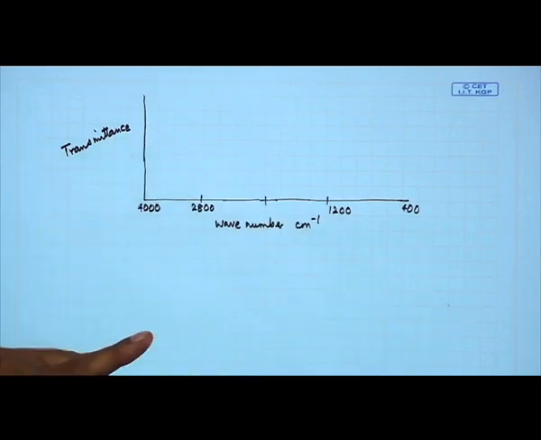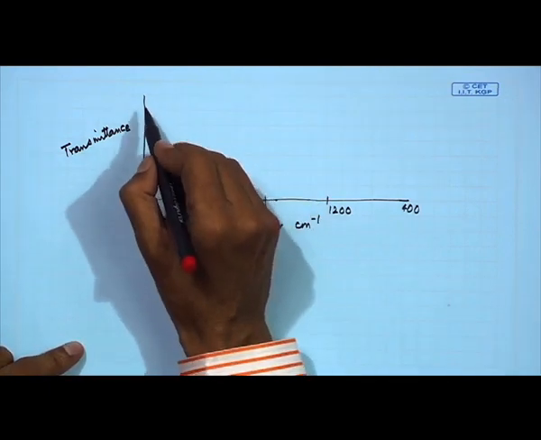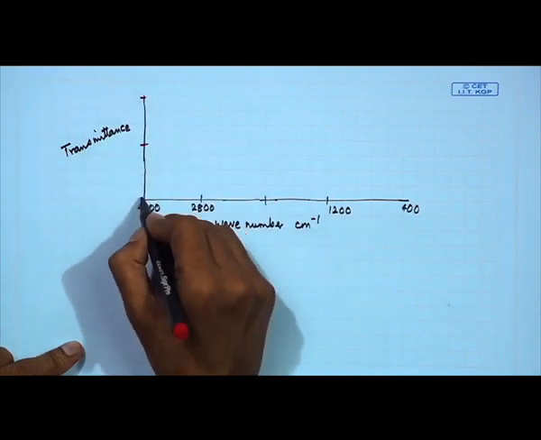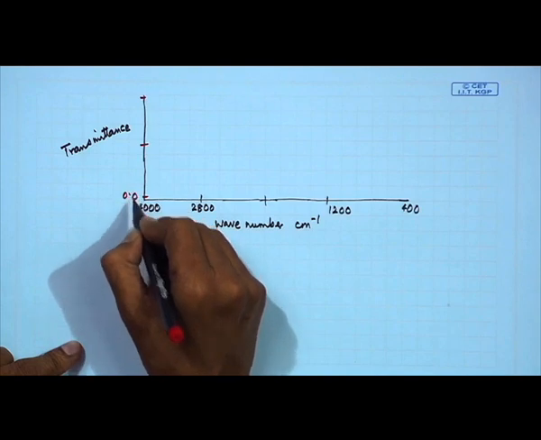So, we will get that as your transmittance, and for this signal, this is close to 1 and this is 0.5.